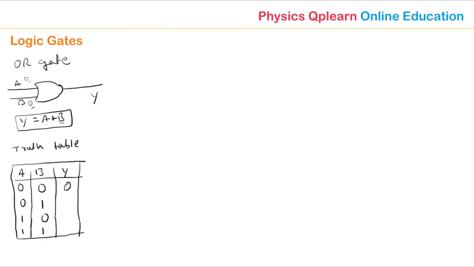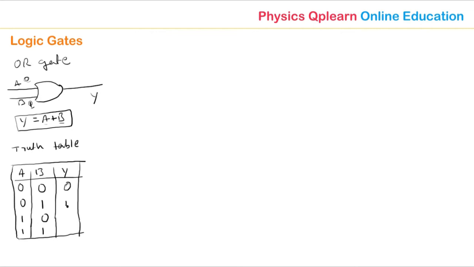The second one: if A is 0, and in the second condition B is 1, what happens at that time? A is 0, B is 1, so the output is 1. A is low, B is high, but the output is high. Then A plus B: just check that A is equal to 0, B is equal to 1, 0 plus 1 is equal to 1.